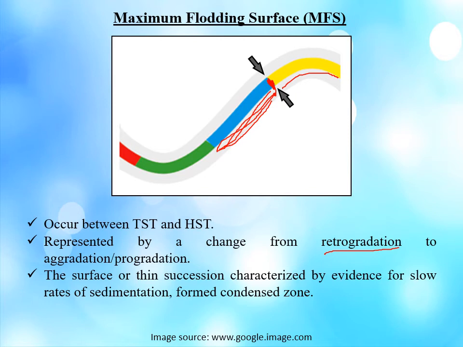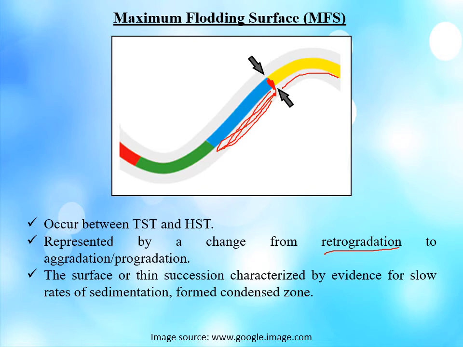The surface or the deposition during this condition is a very thin succession, a thin deposition characterized by a very slow rate of sedimentation, as during this time my rate of creation of accommodation space is almost equal to the sediment supply. So basically the basin is almost starved of sediment, that means no sedimentation or very little sedimentation occurred during this time for a periodically long time.